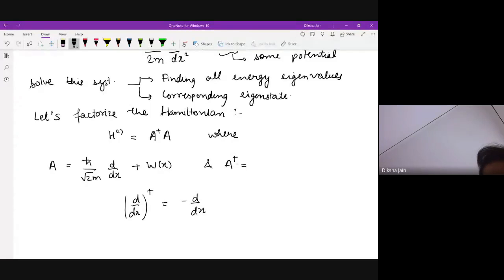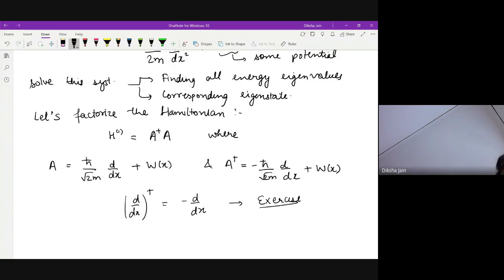I think most of you will know this. If you don't, as an exercise, try to prove it using integration by parts: apply it on a wave function and integrate by parts. It's a good exercise. Because of that, A dagger becomes minus h cross by square root 2m d by dx plus W of x.